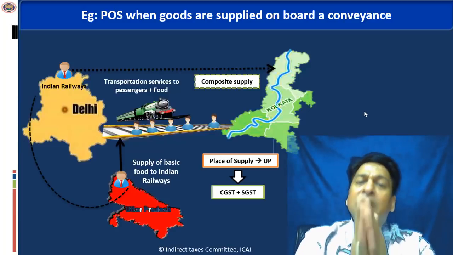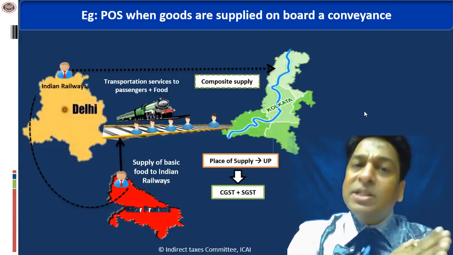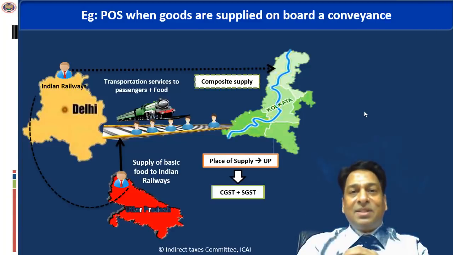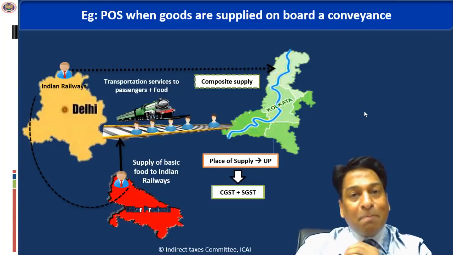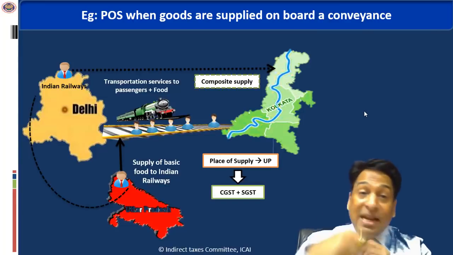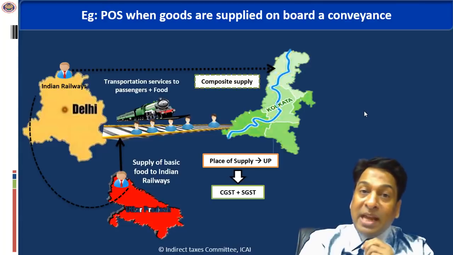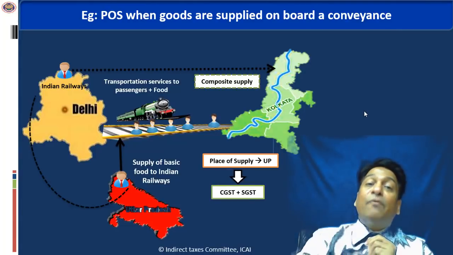Composite supply. Composite supply of what? Goods or services? Of course services. Transportation passenger services. So what would be the place of supply? If it is B2B, then location of recipient. If it is B2C, then the place from where you embark.